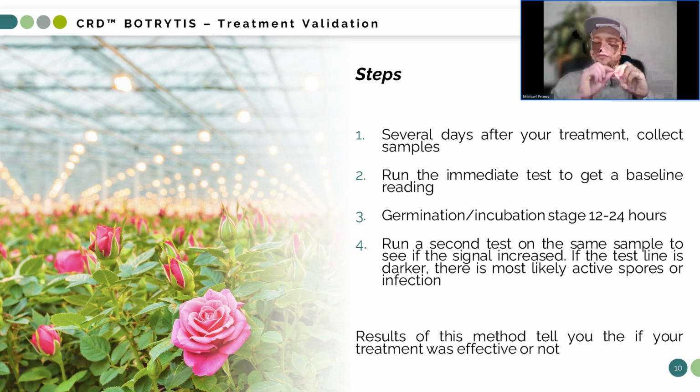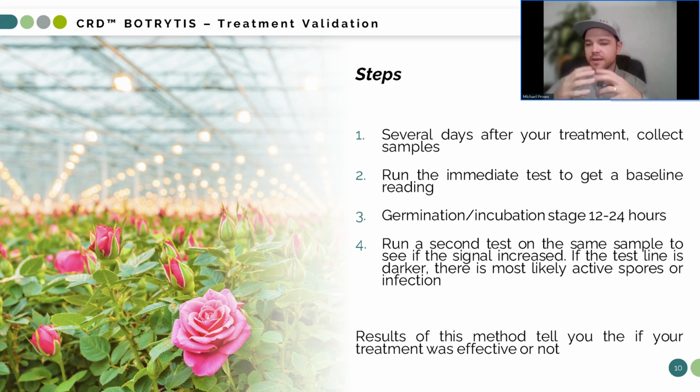And if you see an increase in signal or the line gets darker compared to that baseline test, that means you still have either one of 2 things. There's active spores that, again, need to be monitored regularly and treated if a humidity or the right environmentals happen, or you still have an active infection and maybe you have some resistance built up to the fungicide you're using.